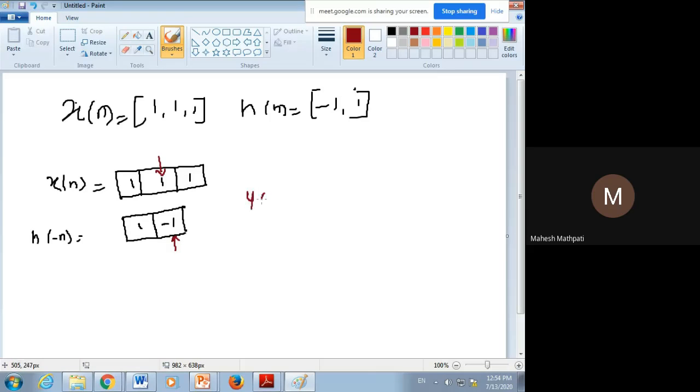Now let us take y of 0. What is the value of y of 0? What is y of 0? Sorry, this first part, x here will be written like this. So where is the 0 for the first part? Here we'll write it like this.